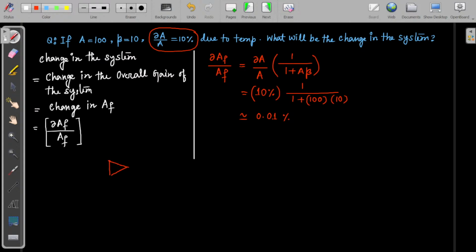So what you can see is that we have an amplifier, the basic amplifier, and the basic amplifier has a gain of A. Now we are having a feedback, and the feedback path gain is given by beta.